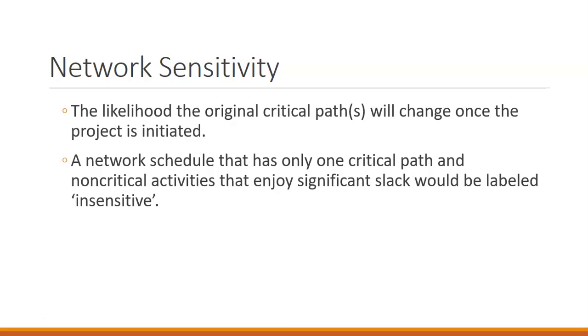If we have multiple critical paths, then we can look at the sensitivity within the project to see how that project might alter, and what non-critical activities we might have along with it, and we might change what that critical path looks like after we've already started the project.